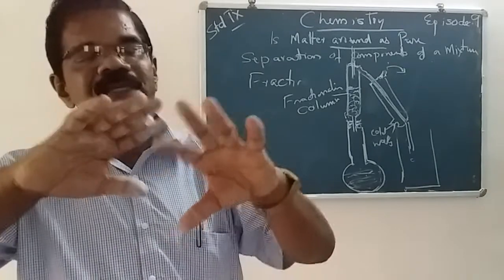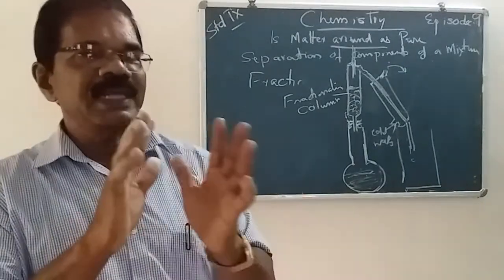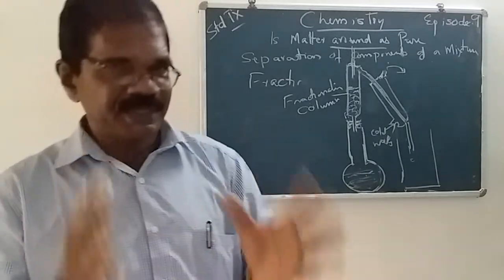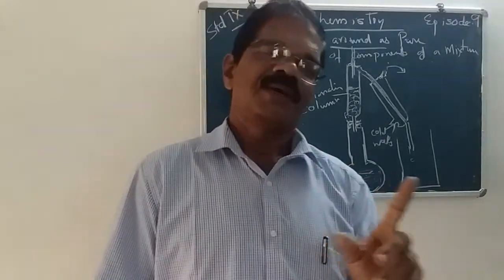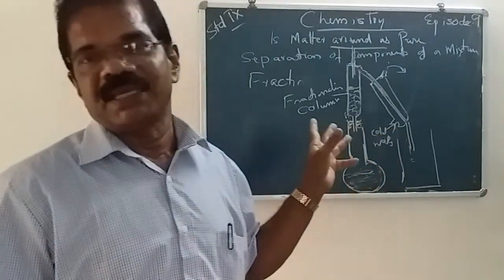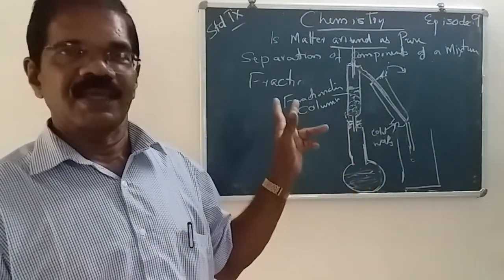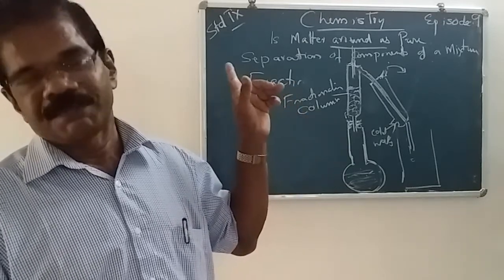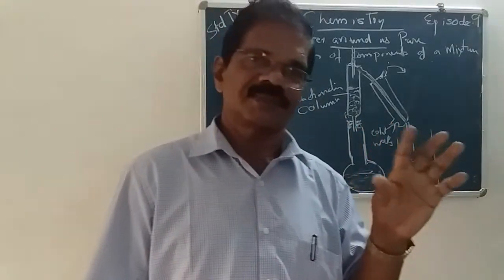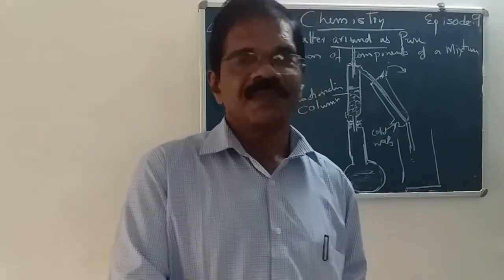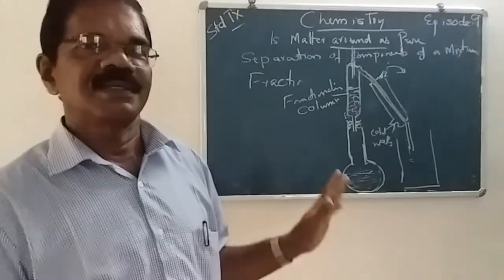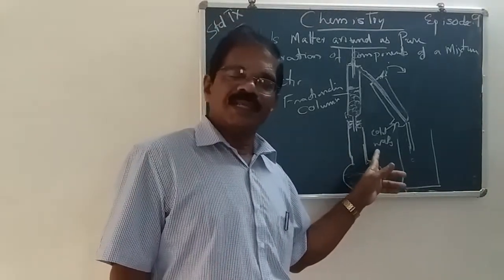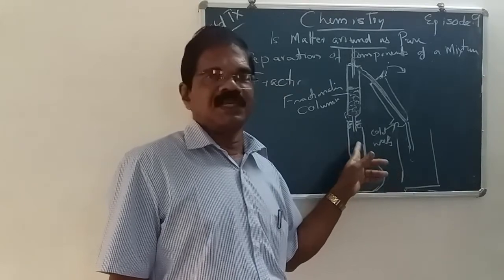These products are mixed, and the common name for this mixture is petrochemicals. From the petrochemicals, by fractional distillation, we get petrol, diesel, aviation oil, kerosene, and at the top petroleum gas. At the bottom, we get grease. So this process is used for separating the components of petrochemicals.